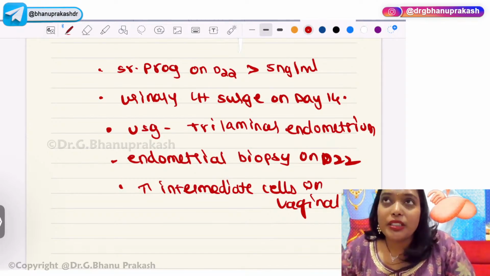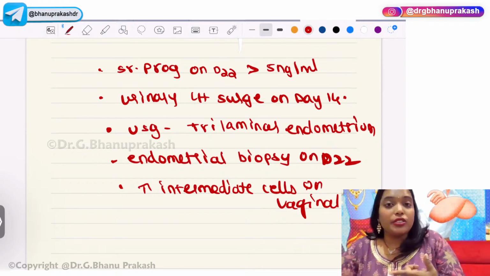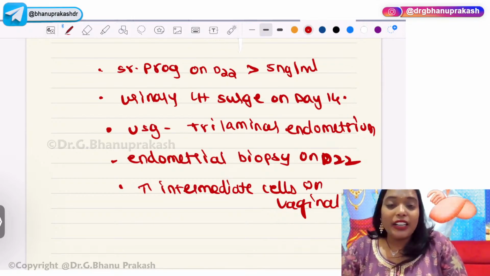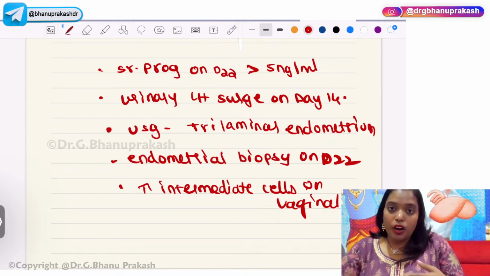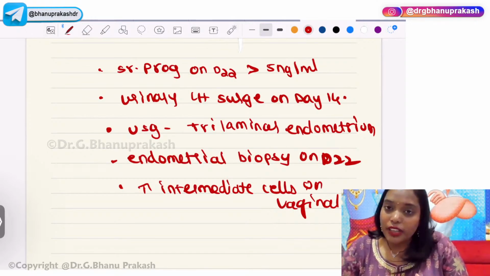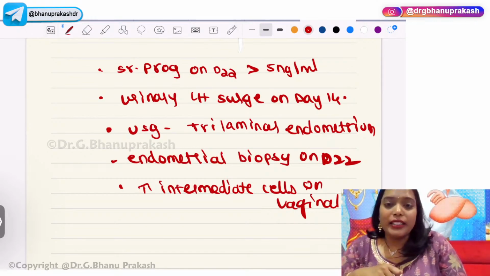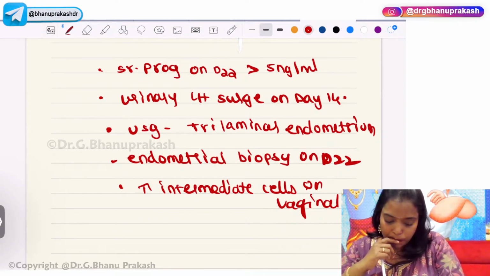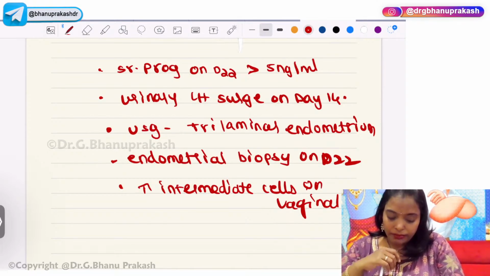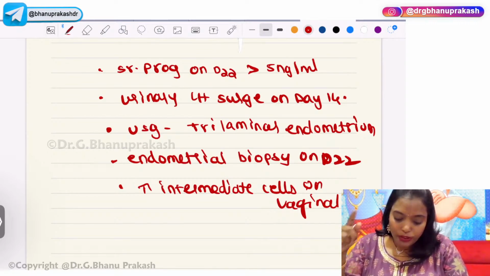So once you got a question where they have included both urinary LH surge on day 14 and day 22 serum progesterone. If you have both, which one will you choose, guys?